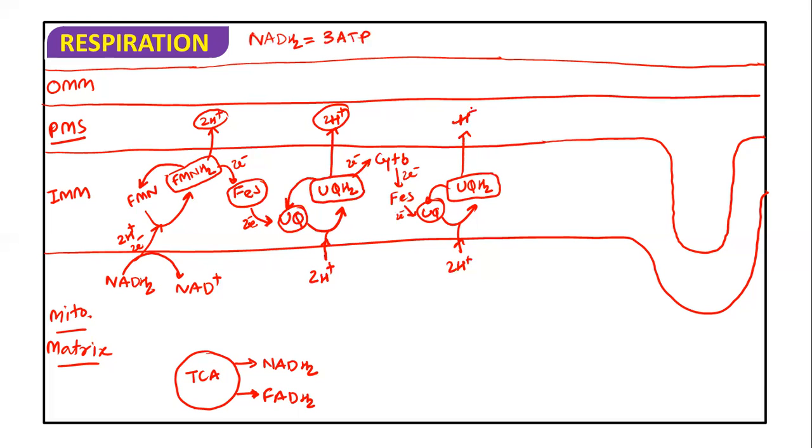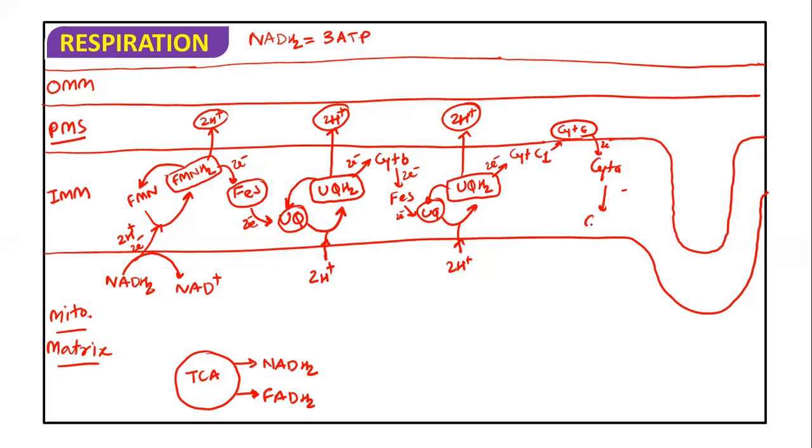2H+ are moving to the perimitochondrial space and it passes its 2 electrons to cytochrome c1. From cytochrome c1, the electron passes to cytochrome c, which is located on the outer side of the inner mitochondrial membrane. Then cytochrome c passes its 2 electrons to cytochrome a.